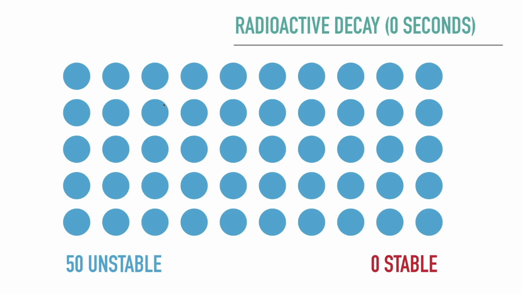And every 10 seconds, we're going to look at this part of the uranium and we're going to determine how many are unstable and how many have released an alpha, beta or gamma particle to become stable. So in your table right now, at 0 seconds, we can say that there's 50 unstable nuclei and there's 0 stable nuclei. So no radiation has been given off at this stage. Can I ask you to write that into your table right now?